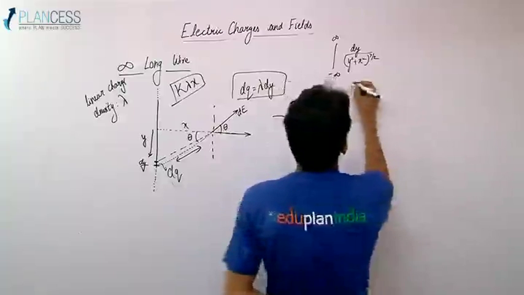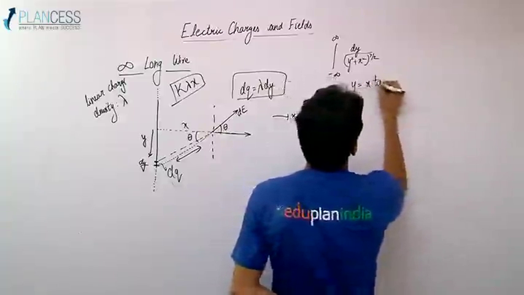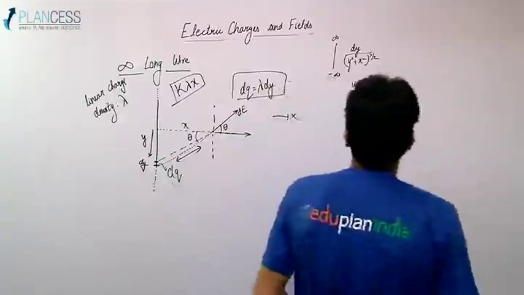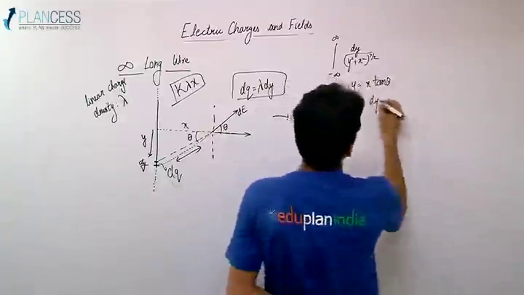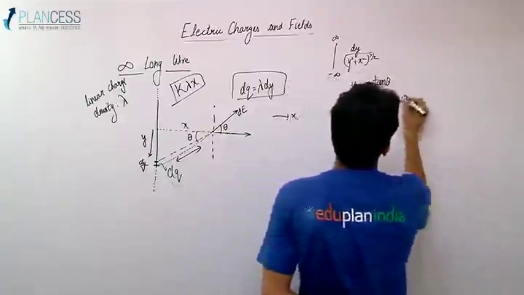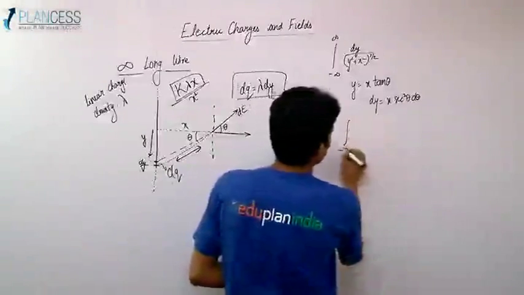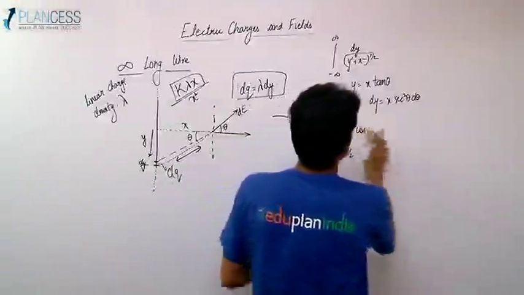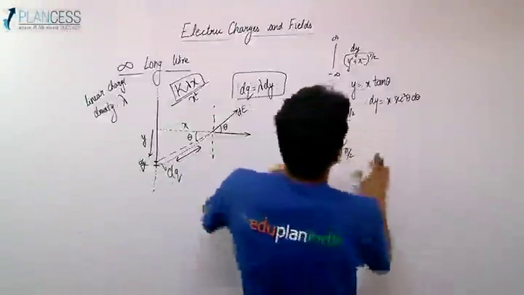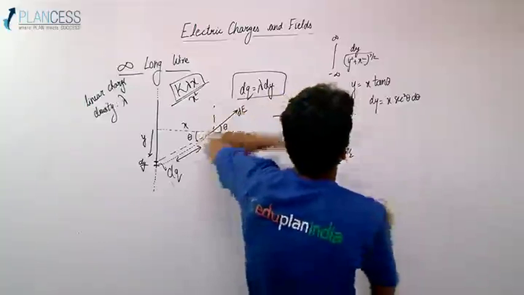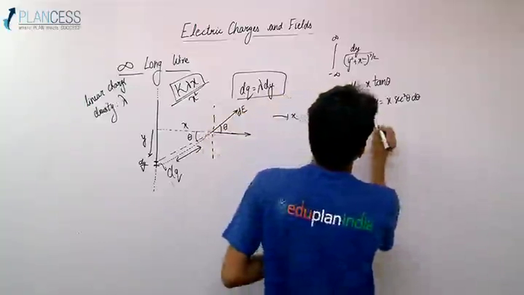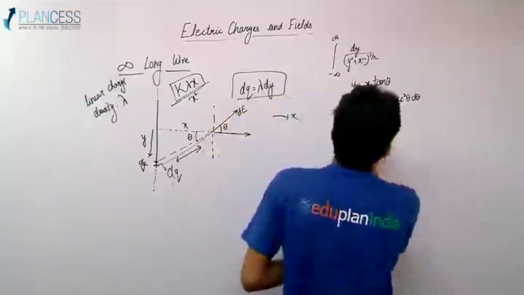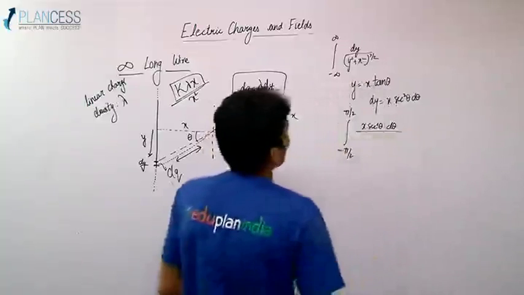What we do is we substitute y equals x tan theta. If we substitute it, we'll get dy equals x sec square theta d theta. So we can write this as the integral from minus pi by 2 to pi by 2, with dy written as x sec square theta d theta divided by y square plus x square.